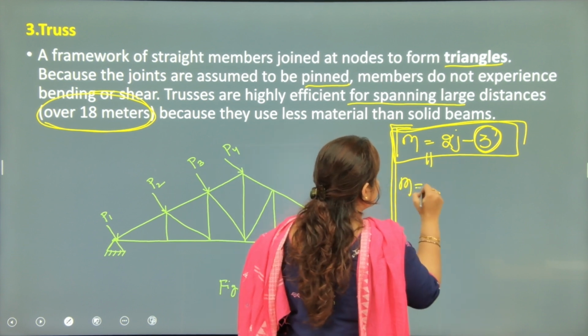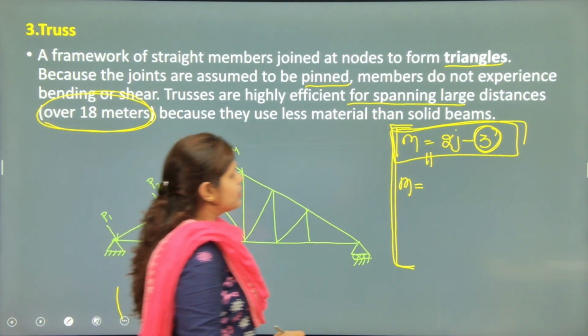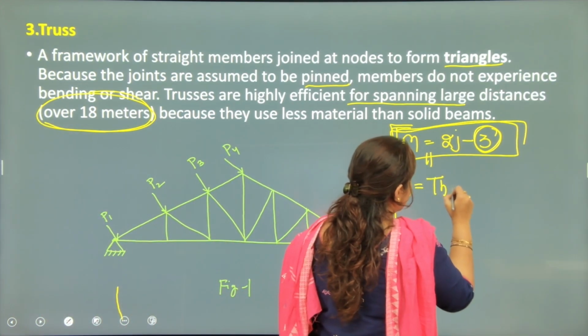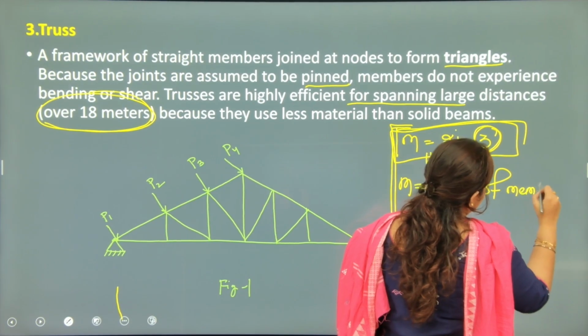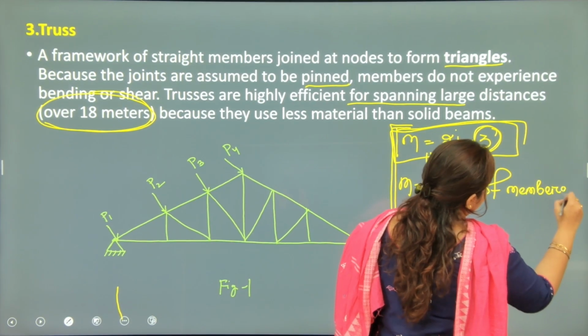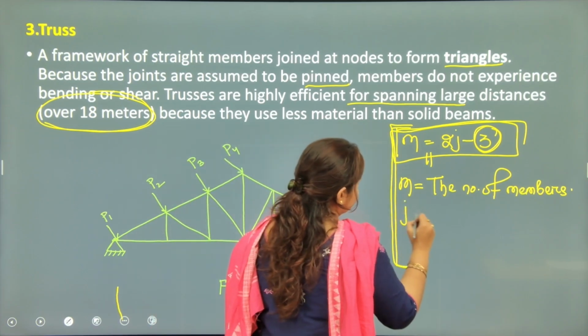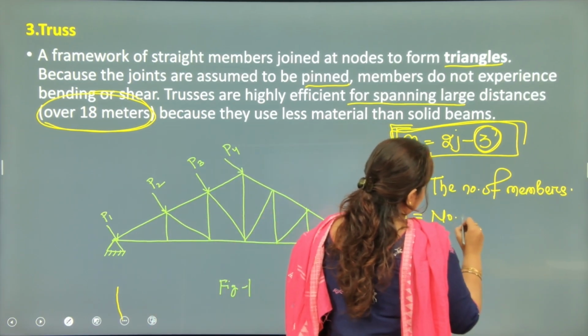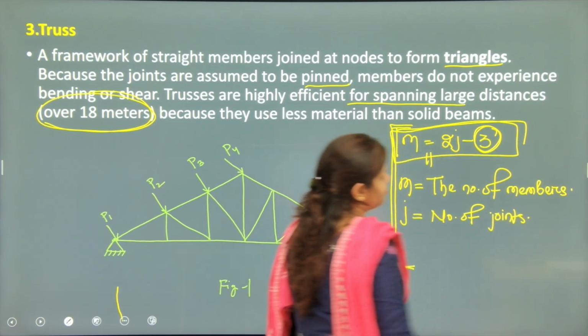So m equals what? The number of members, and j is equal to the number of joints.